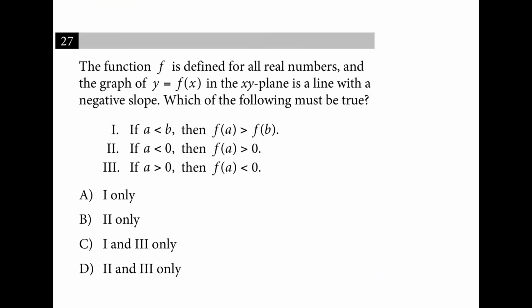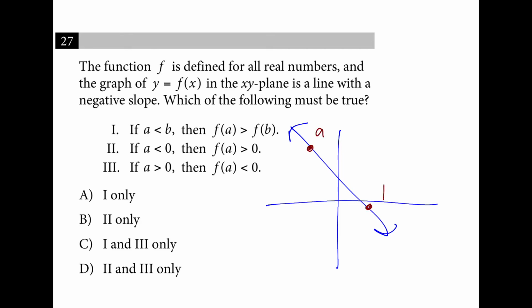For 27, let's draw out a graph that has a negative slope. If we pick some value a and some value b, notice that a is less than b. Think of a and b as the x values, and for the y values, f of a is going to be larger. So generally speaking, the first one checks out.